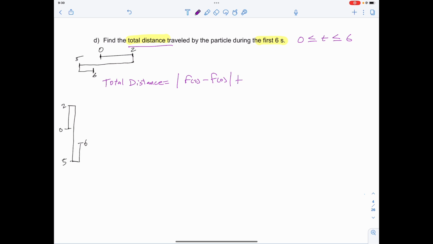I'm going to combine that with when it moved in the negative direction, how much distance changed in the next 3 seconds, or between 5 seconds and 2 seconds. And then finally, I'm going to combine that with the absolute value of f6 minus f5. Remember that each of these is how much change in distance or displacement occurred in between those time increments.